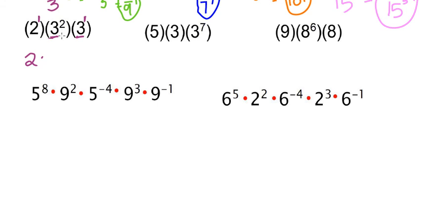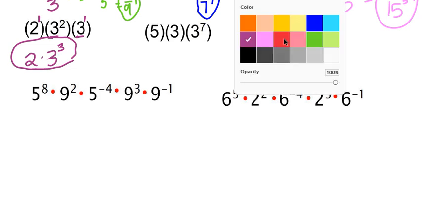So again, when I multiply like bases, the bases stay the same. So that's going to be 3 there, and 2 plus 1 is going to give us 3 to the power of 3. And this right here is my final answer, because I have a situation where these are different bases and there's nothing I'm going to do here to combine them.